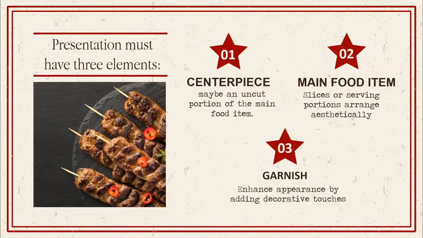Number 2 is the main food item per se. It could be in slices or serving portions arranged aesthetically. And lastly, garnish. It enhances the appearance by adding decorative touches. And as much as possible, we need to use edible garnishes.